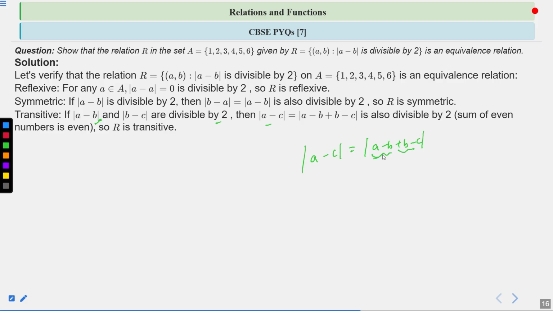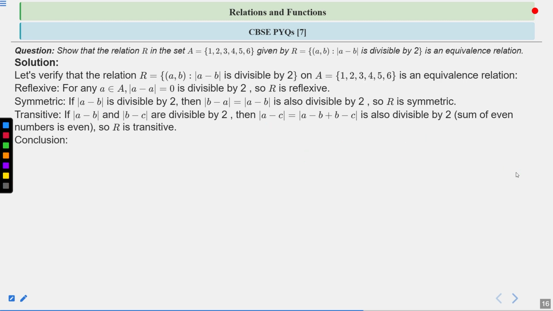Now |a - b| is divisible by 2 and |b - c| is divisible by 2. See, if 4 is divisible by 2 and 8 is divisible by 2, then the summation of these will be divisible by 2. Sum of even numbers is even. Therefore, a - c is also divisible by 2. So R is transitive also, right?